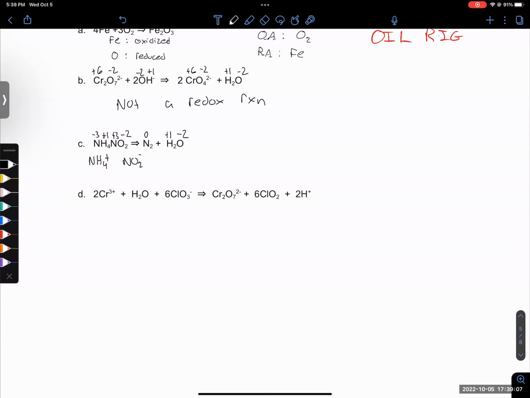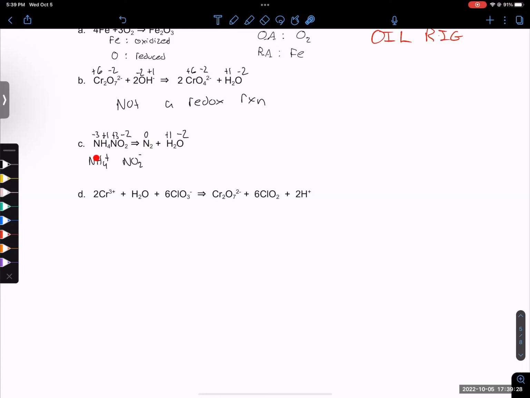In a reaction, you have these nitrogens reacting with these nitrogens, right? This one's going from -3, and this one's going from +3, both to a 0. So it is a redox reaction.